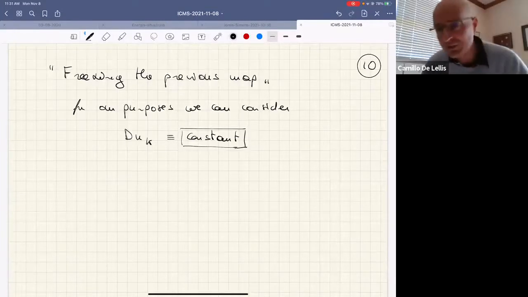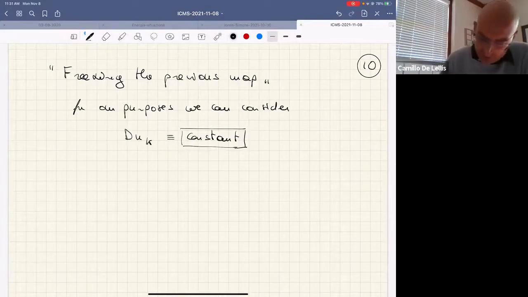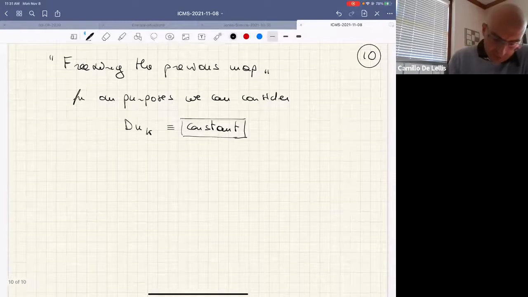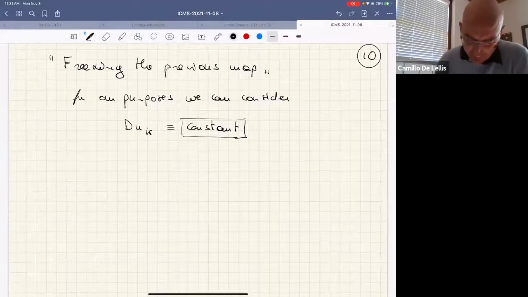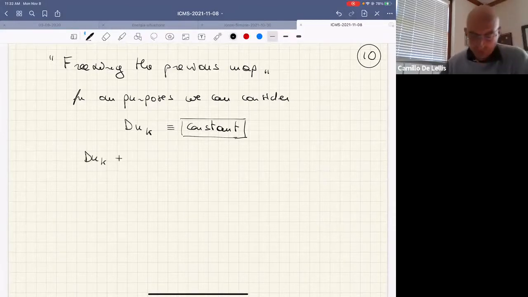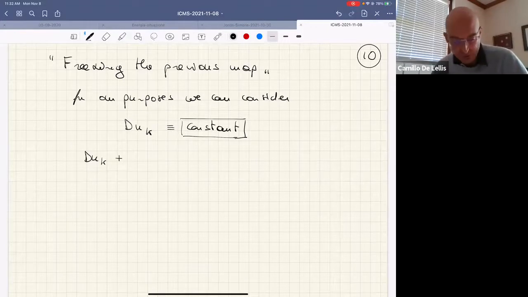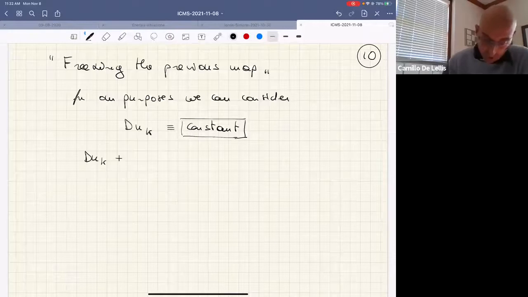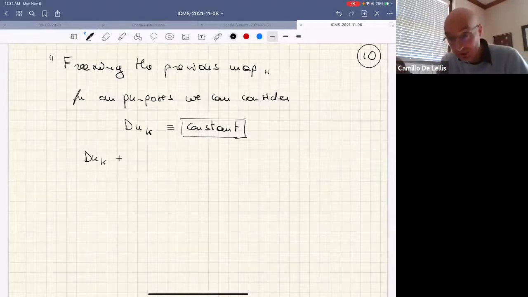Okay, so if the DUK is a constant, then let me also say that, because it will be useful later, what I want to do is add a certain function to the UK, and the function that I want to add is a function which is curl free, right? Because it has to be the derivative of another map.